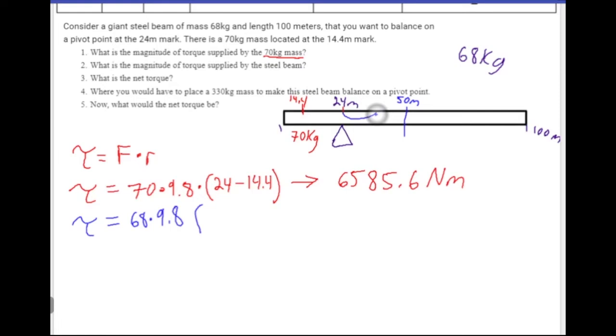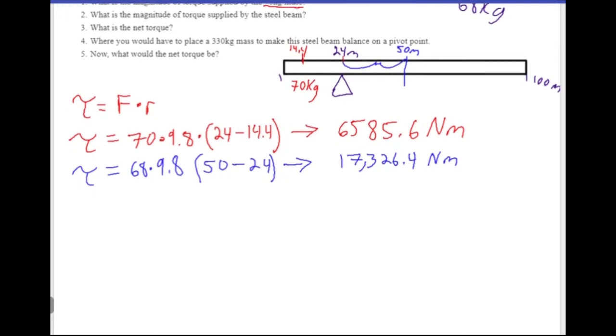So r would be this distance right here, because our center of where this mass is located is 50 meters minus 24 meters. When we solve for this, we find out that our torque should be 17,326.4 Newton meters.